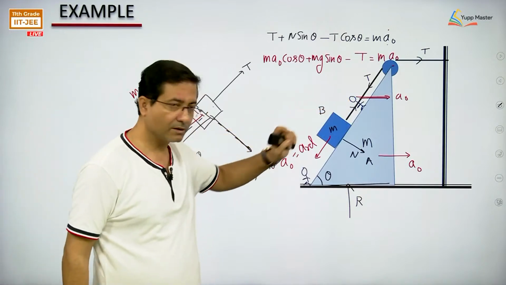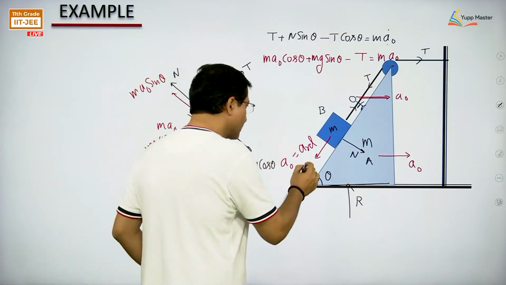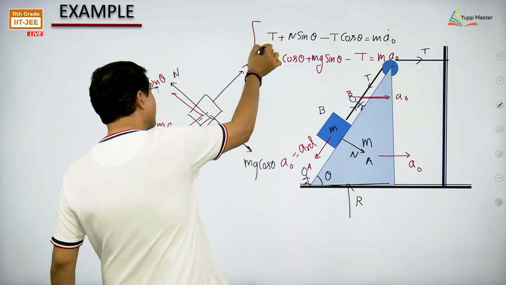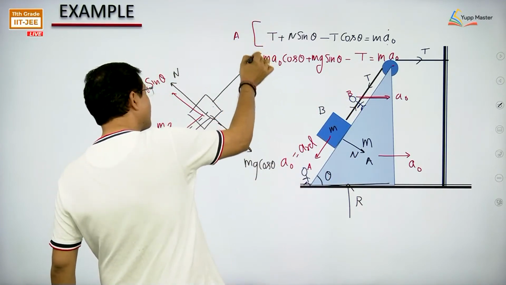Written by this observer, okay. Let's call it observer A, observer B. So this is for observer A, now for observer B.